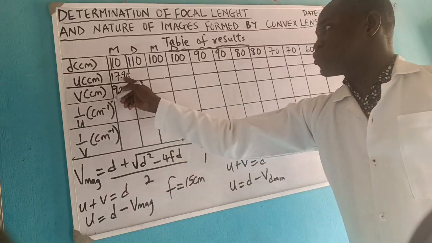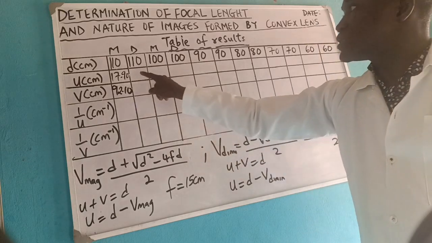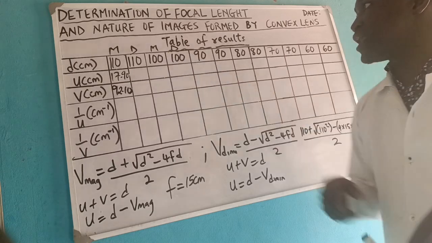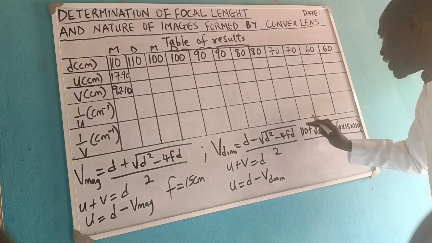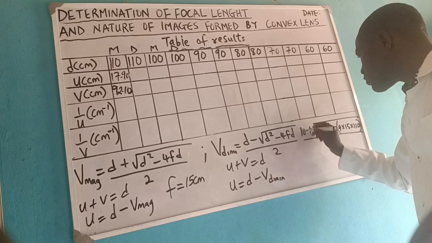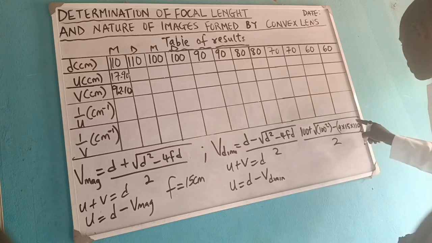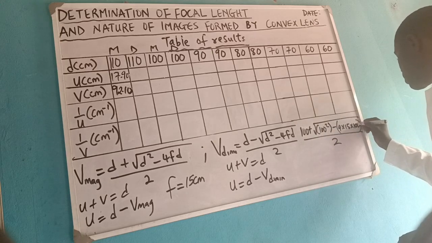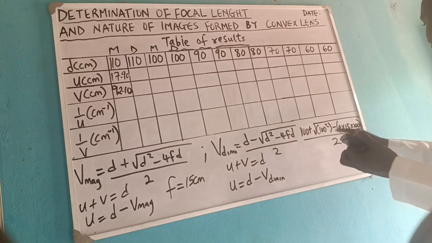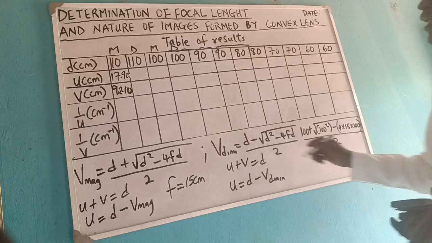110 minus this will give you this. Okay, we'll come to the second magnified one, for 100. We change here to 100, and we change here to 100, and we change here to 100. We also press it in our calculator. So when you press it in your calculator, you'll be getting 81.6 for this.